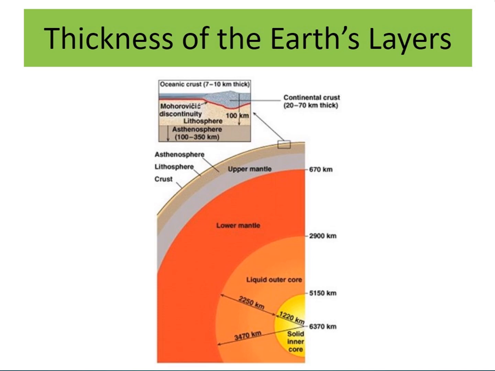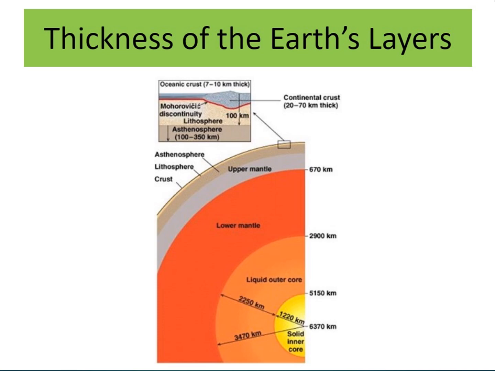Below the crust is the mantle. There are two layers of mantle, the upper mantle and the lower mantle. The upper mantle is about 670 kilometers deep from the surface of the Earth, and the lower mantle is about 2,900 kilometers. Below the mantle is the core.